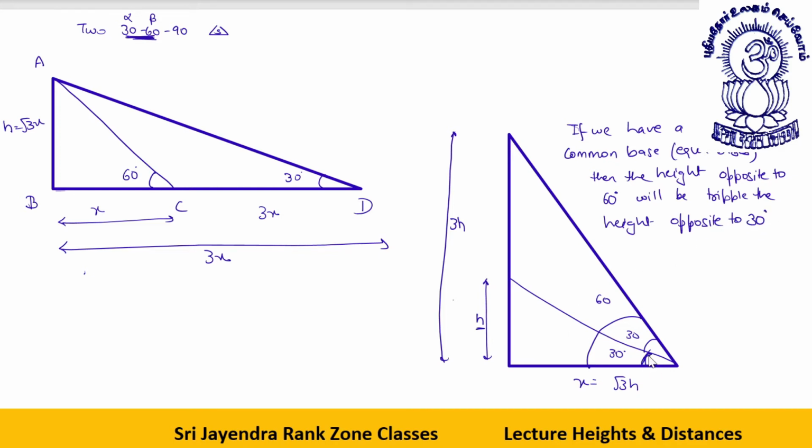This is 30 degree. The height opposite to 30 degree is h. Therefore, the height opposite to 60 degree will be triple of this, that is root 3h.